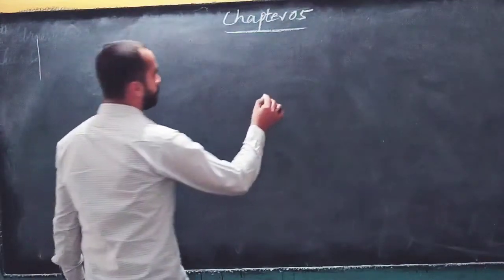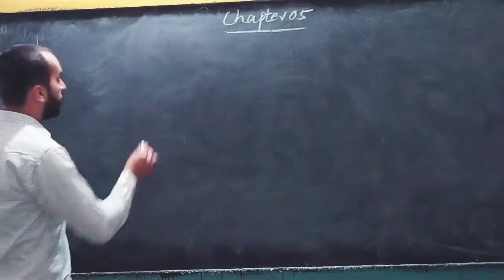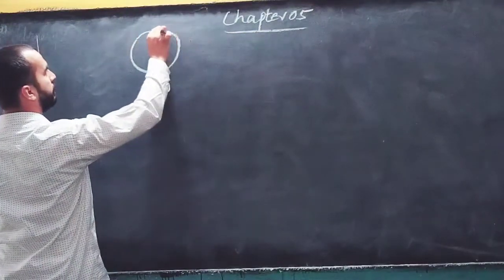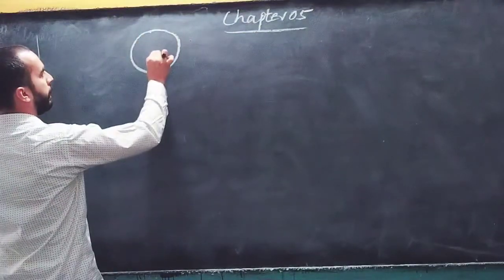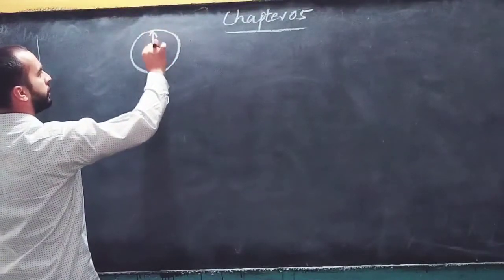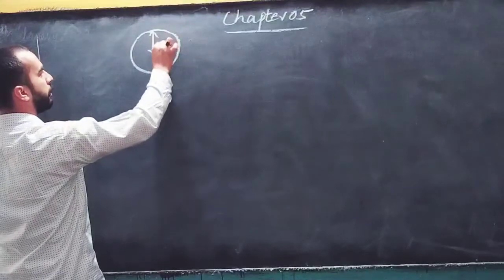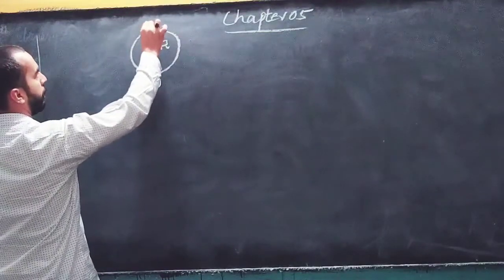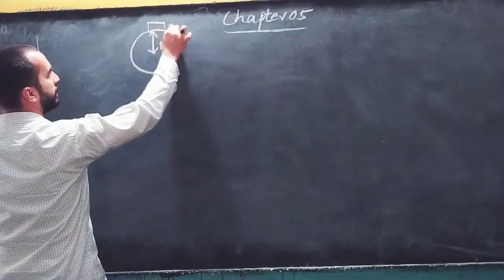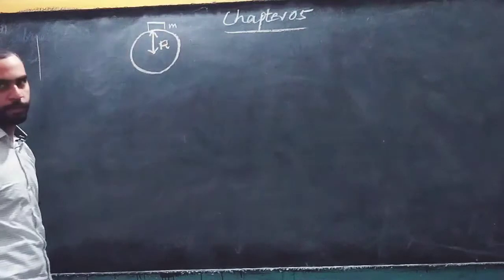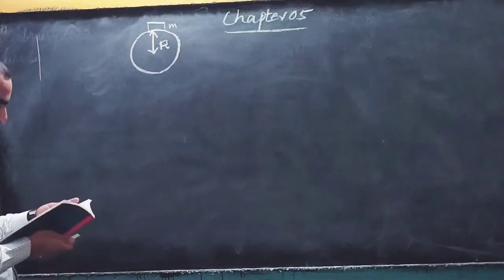So first of all, I am going to draw a figure. Let me suppose that this is the Earth, and the radius of Earth can be measured as r. Let me suppose that a small body of mass m is placed on the surface of Earth, and there is no distance between the body and the surface of the Earth.